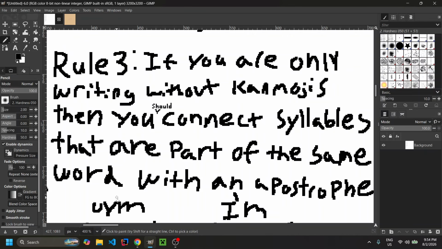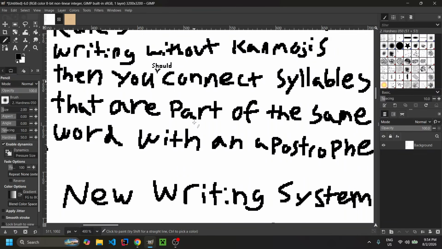There's no reason to break it, because here we have a vowel, a sound, and a consonant, so it's still 1 syllable. So we would only give it an apostrophe if it was like this. You just kind of go through them. This would help foreigners, letting them know that what you're pronouncing is part of the same word. So that's really what it's for.